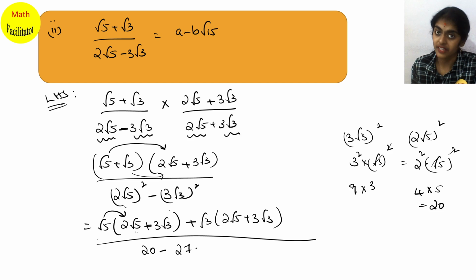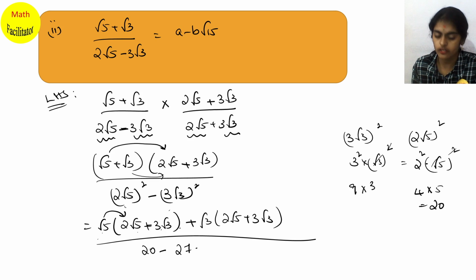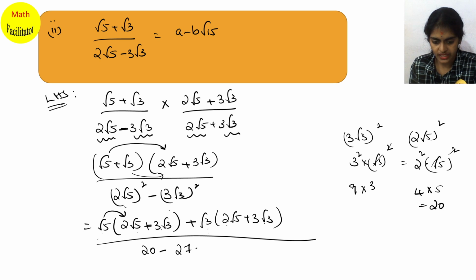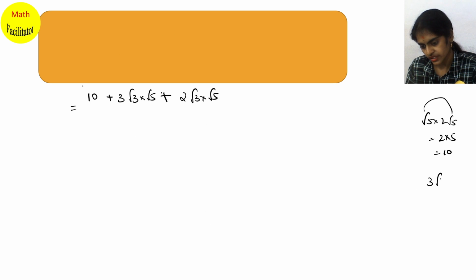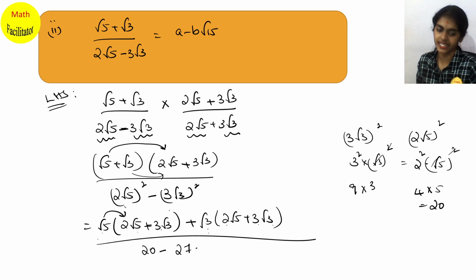Okay, root 5 into 2 root 5 is 10 plus 3 into root 3 into root 5, plus root 3 into 2 into root 5, that is 2 into root 3 into root 5, and root 3 into 3 root 3. So how much will you have? Root 3 into root 3 is 3, 3 into 3 is 9 you will have here. Divided by.